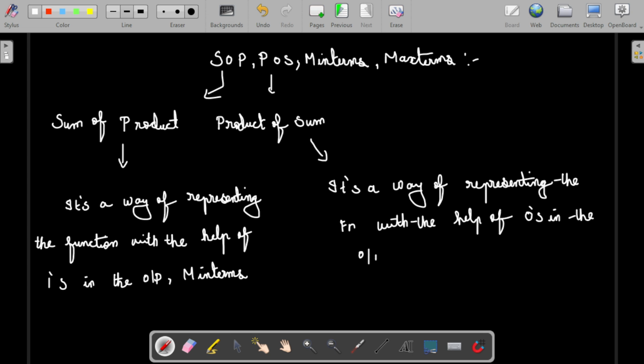So the same function can be represented in two ways: one with minterms and another with maxterms, where minterm has all its output as 1, and maxterm has all its output as 0. That is the case we are going to discuss.